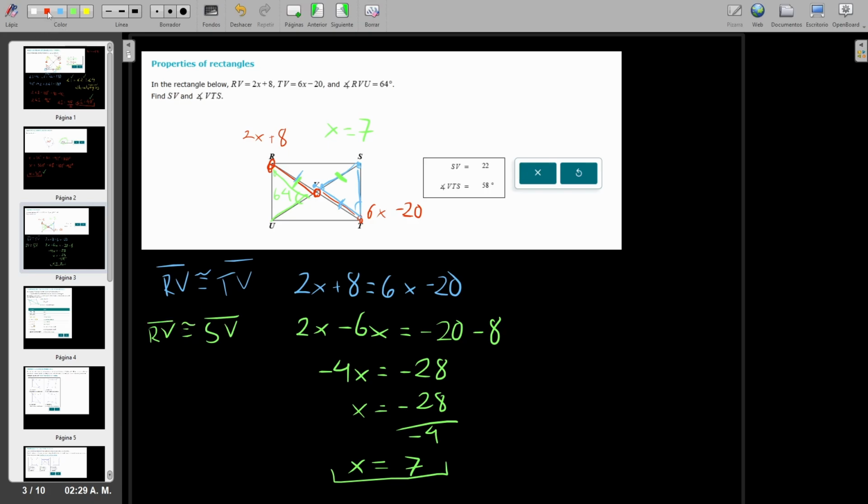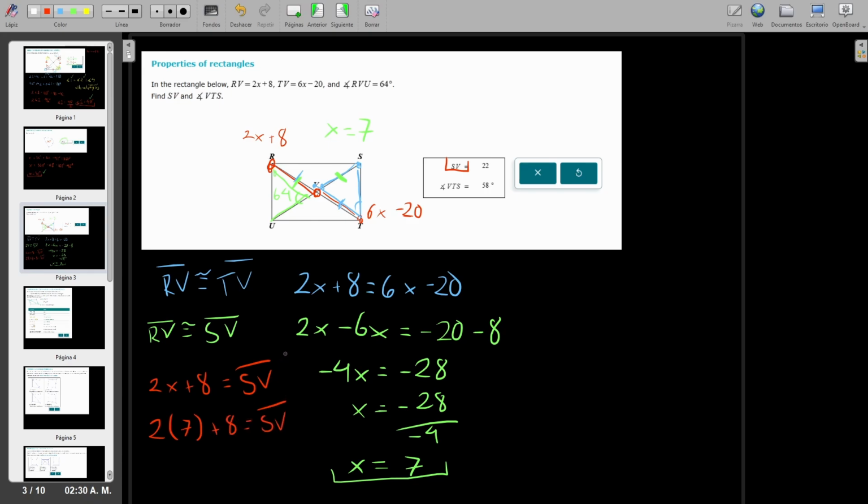So we put it like this: RB plus 8 is going to be equal to the segment SB. This is what they are asking of us. So it's going to be 2 times 7 plus 8.